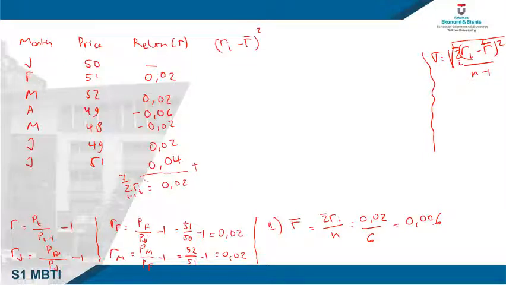So here Ri is 0.02 minus 0.006, squared. How much is that?